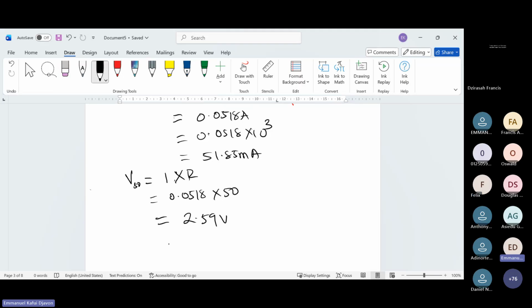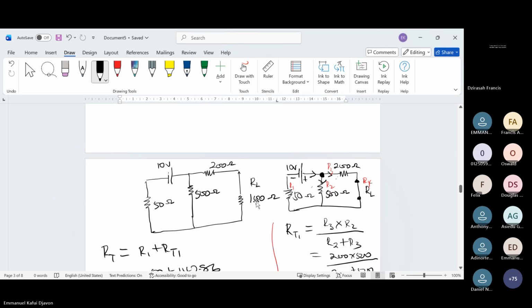Now, for me to know my absolute V2, the supply voltage is the 10, which is the first voltage we had here, minus the voltage here.